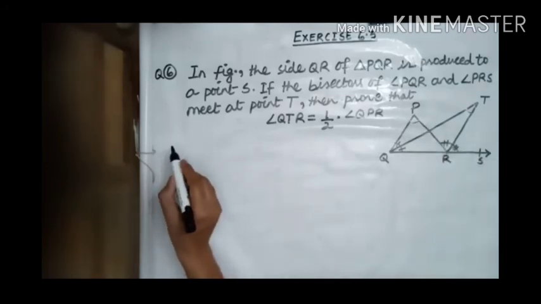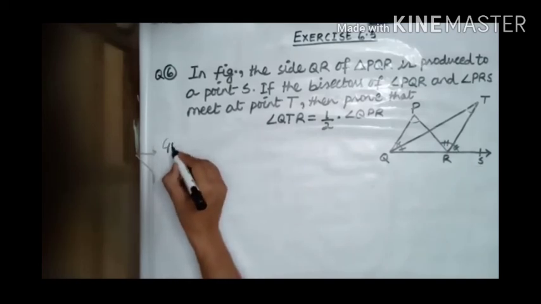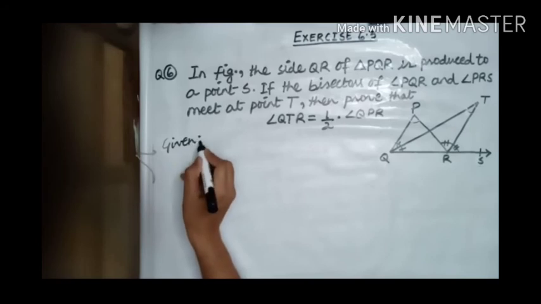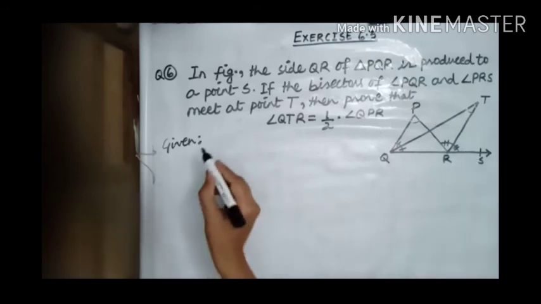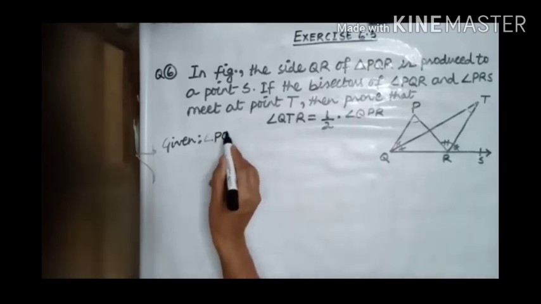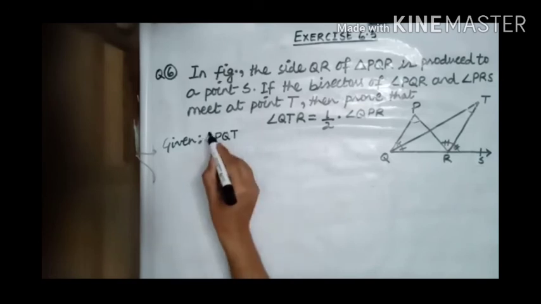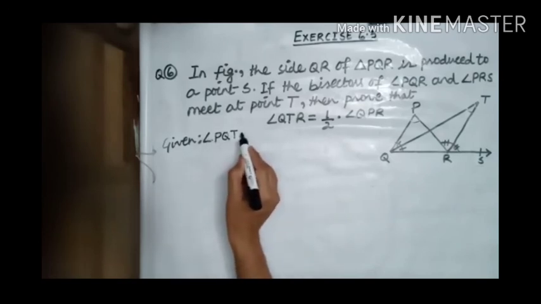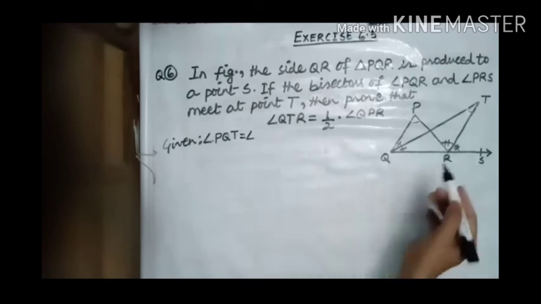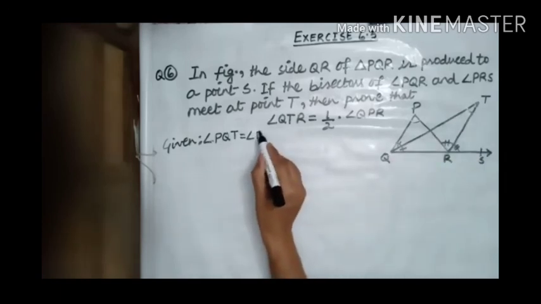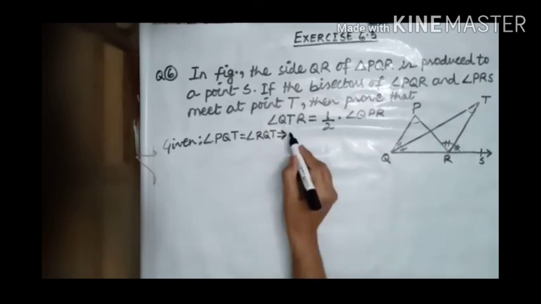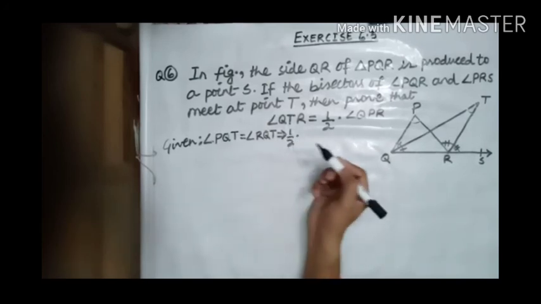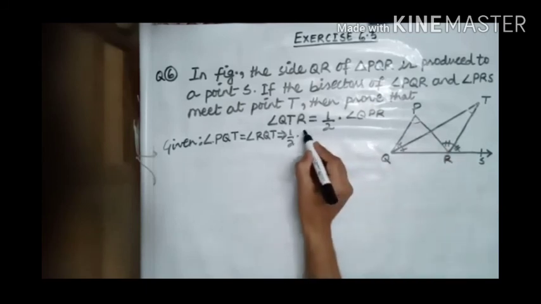So let's revise the conditions we are given. As QT bisects the angle PQR, so angle PQT equals to angle RQT, and each of these two angles will be half of angle PQR.